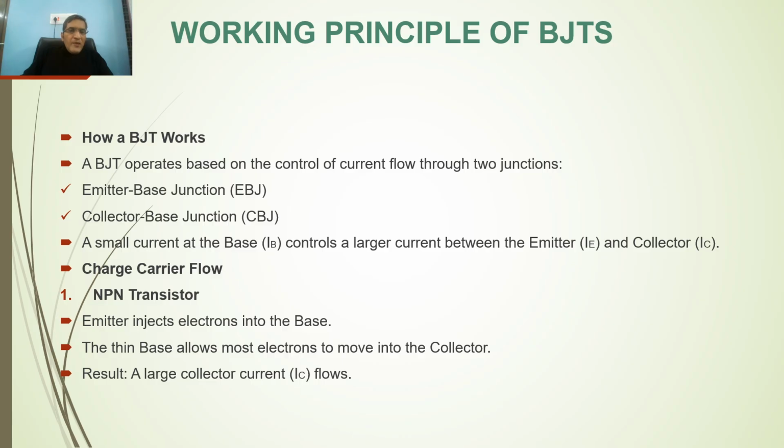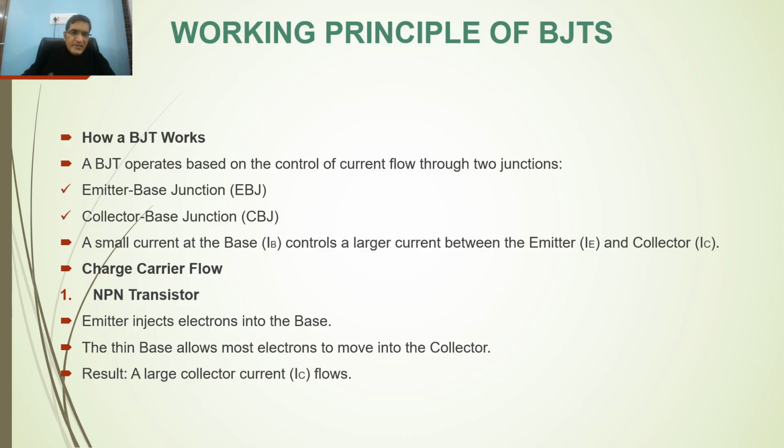Basically, how a BJT works. A BJT operates on the control of current flow through two junctions. Basically, it is a combination of two junctions: the emitter-base junction, where we have a depletion region, and another, the collector-base junction, for which we have another depletion region.